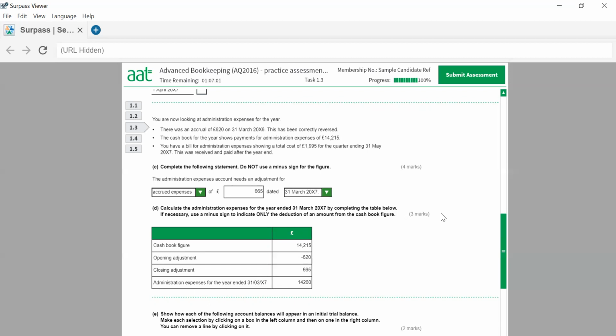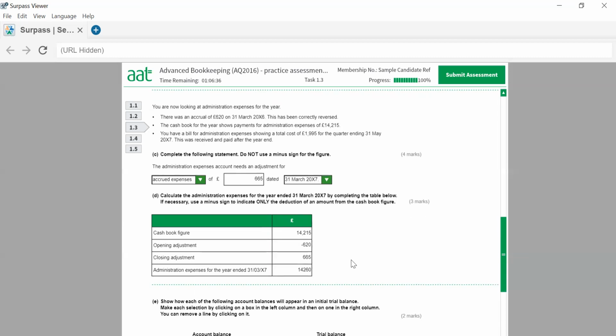So that's 665, we still owe it, so we need to add it. So we're going to debit the expense for 665 and credit the accrual for 665. And that's what we would do in relation to the adjustment. So the admin expenses needs an adjustment of accrued expenses of 665 at the 31st of March 2007.